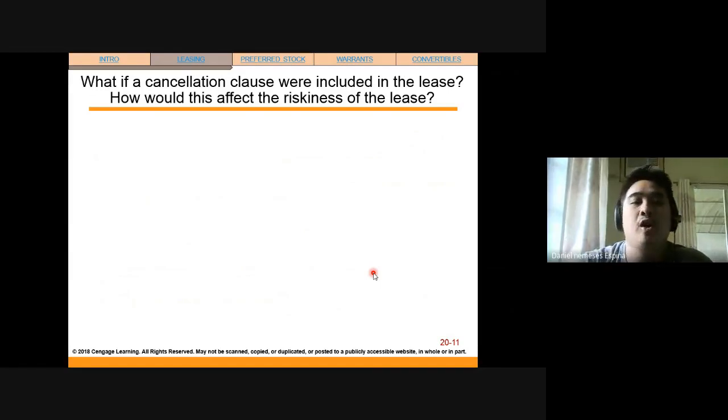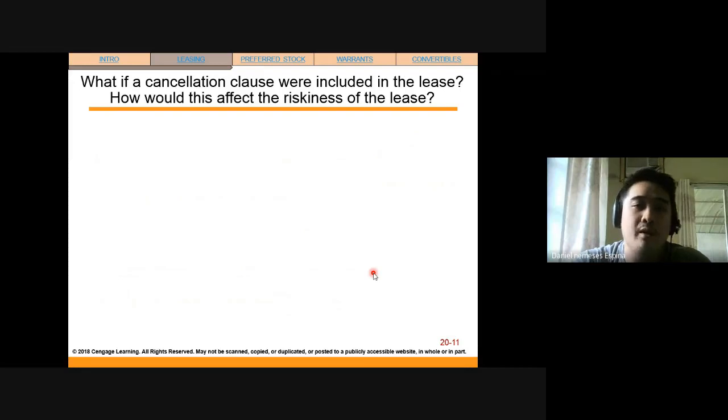In lease contracts or rental contracts, there is possibly a fixed period where you can rent. For example, you are going to rent this property for 1 year.